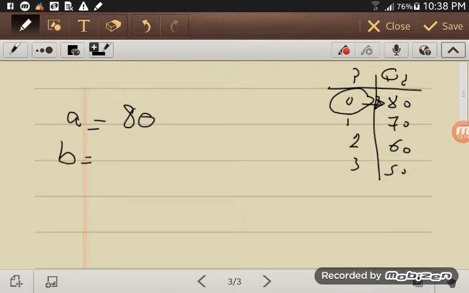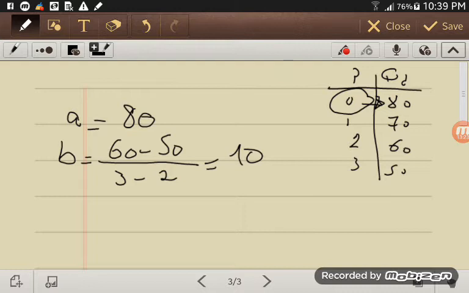B will be the slope, 60 minus 50 divided by 3 minus 2, which is 10. So we can write the demand function as QD equals 80 minus 10P.